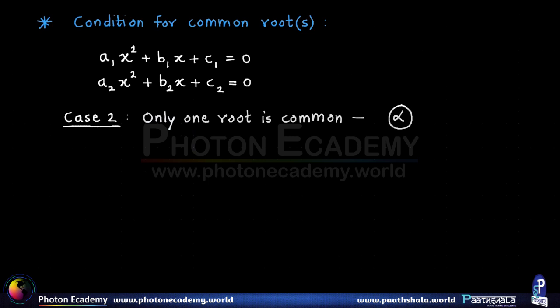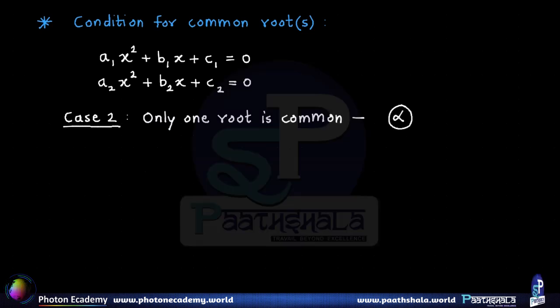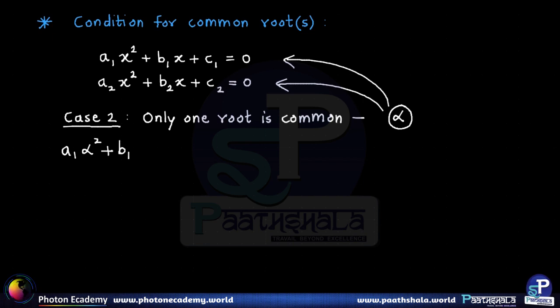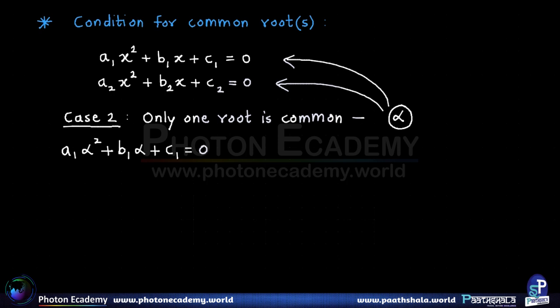So we can substitute this alpha in both of the equations and rewrite the equations as a1 alpha square plus b1 alpha plus c1 equal to 0 and a2 alpha square plus b2 alpha plus c2 equal to 0.